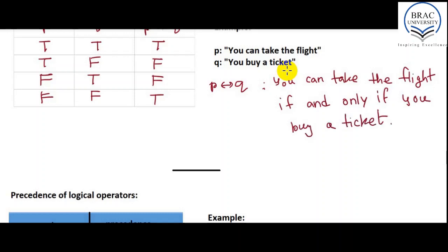This means if you buy a ticket, you can take the flight, and also if you can take the flight, then you buy a ticket. So both sides have to be true.